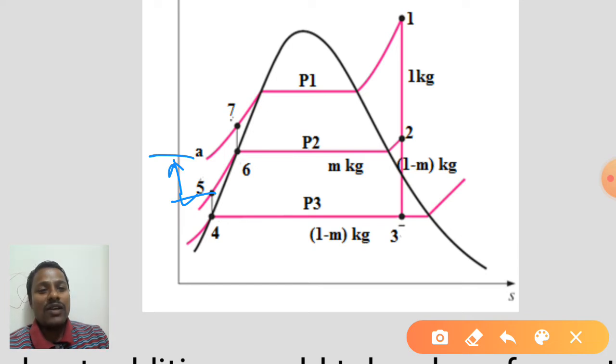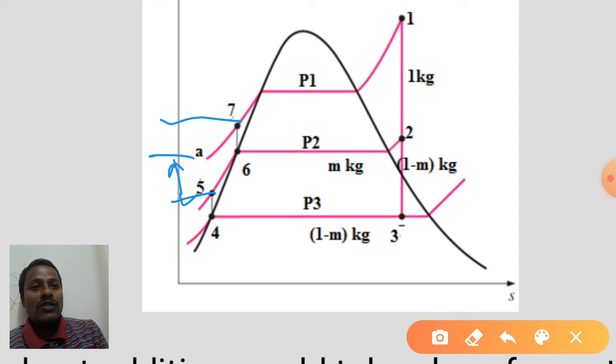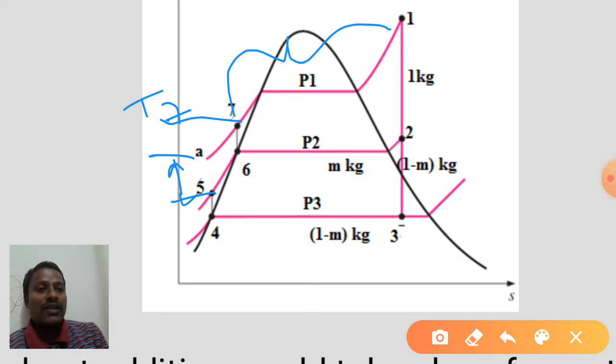But because of regeneration, that is feed water heating, the temperature at which we add heat energy to the condensate inside the boiler increases to T7. That is, T7 is the temperature at which we start adding heat energy inside the boiler. This is all because of the regeneration technique adopted to improve the efficiency of the Rankine cycle.